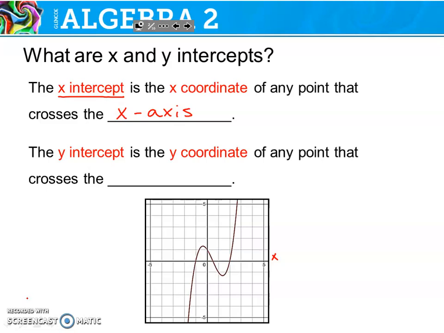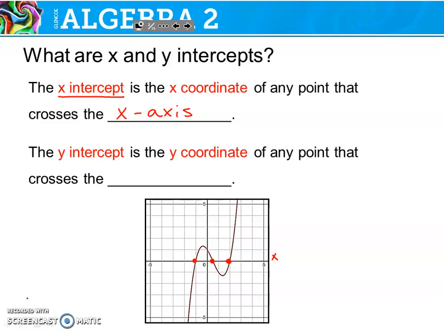This graph here has three x-intercepts. There's one right here where it crosses the x-axis, one right here, and the third one right there in the middle where it crosses again. Those are the three x-intercepts.